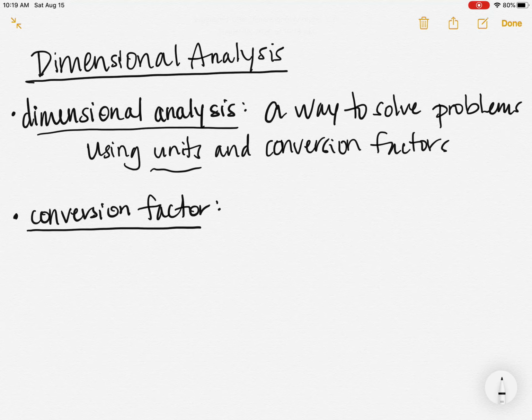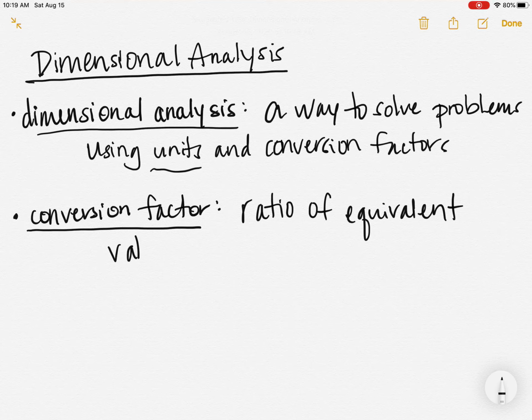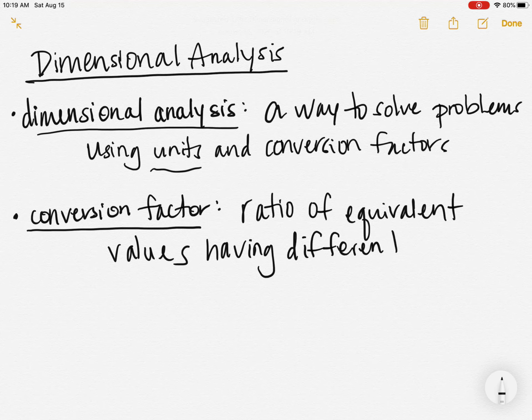A conversion factor is a ratio of equivalent values having different units. Okay, so this sounds kind of complicated, but it's not.